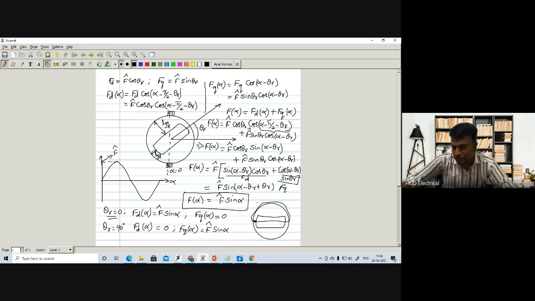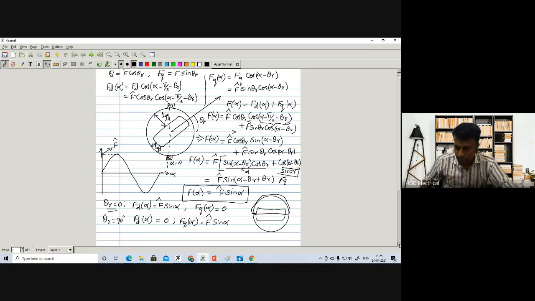The flux linkage path will be like this. Therefore, there is no contribution of the quadrature axis component. Similarly, in the other case, if the rotor is in this position, let me take it down.